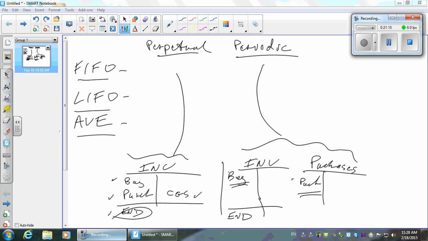And then my first purchase gets sold, and then my second purchase gets sold, and so on, if I have thousands of purchases. Got the idea? Which ones would I still have? Think about that. Listen to this carefully. Which ones would you still have in ending inventory if you're first in, first out? The last ones you bought. That's it. Well, what do all companies do? Do they try to sell the old stuff first, or the new stuff first? The old. Everybody really tries to do FIFO.